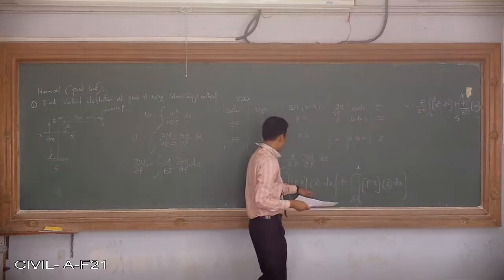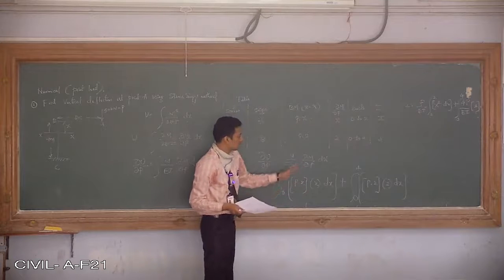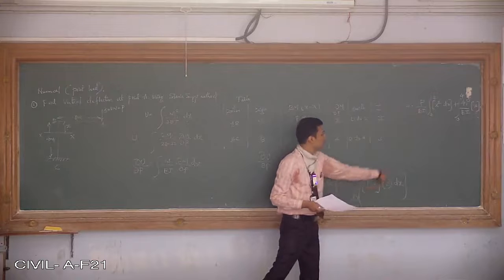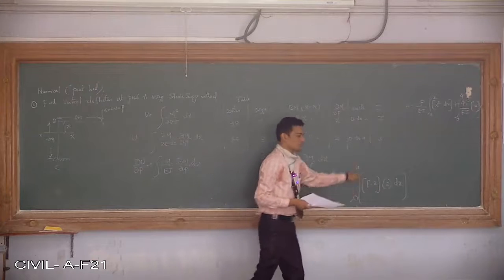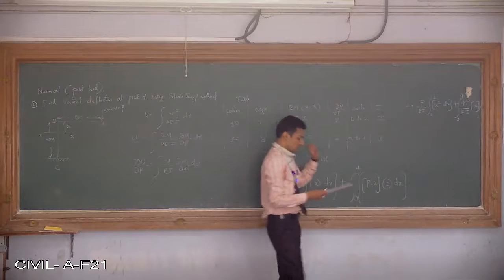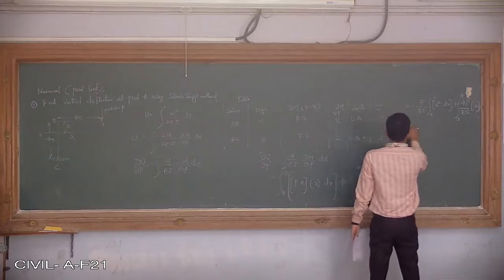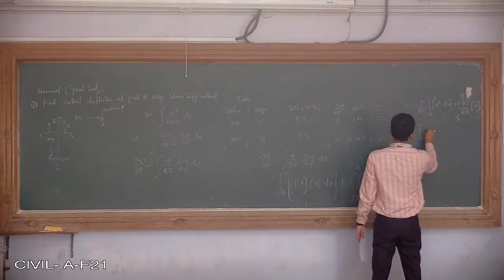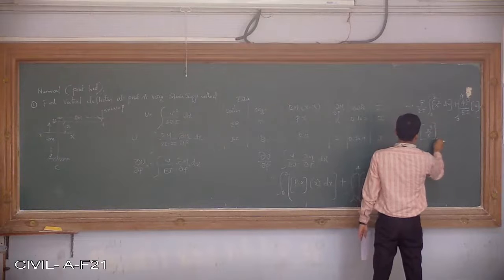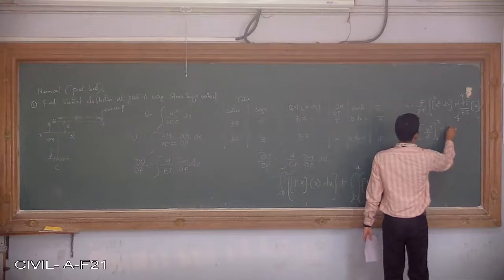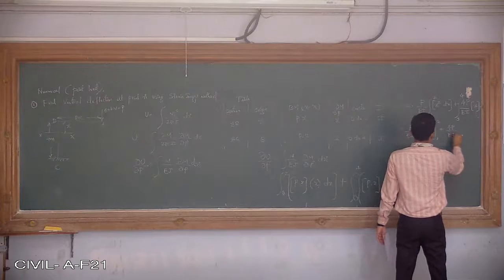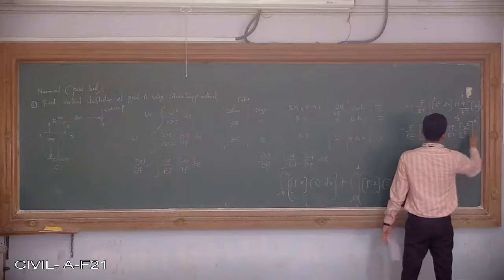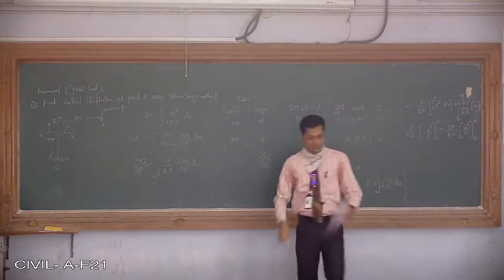So P by EI I'll take outside, and 4P by EI I'll take outside, X remains inside. Next P by EI, integration of X square is X cube by 3, limit 0 to 2, plus 4P by EI, integration of X is X square by 2, upper limit 4, lower limit 0.